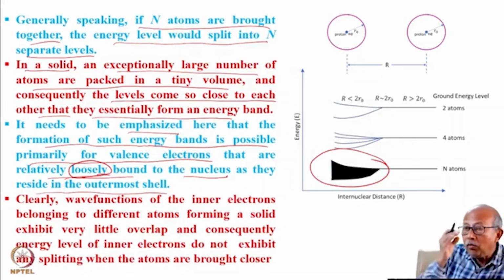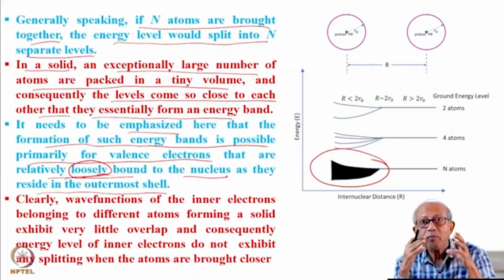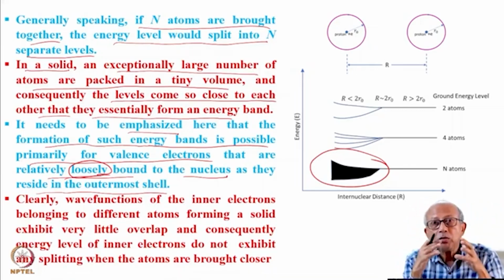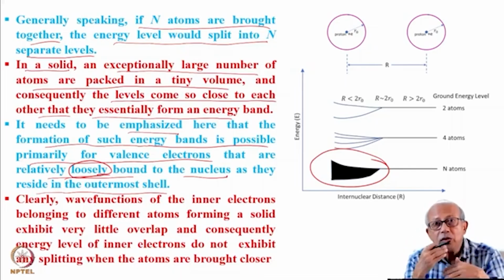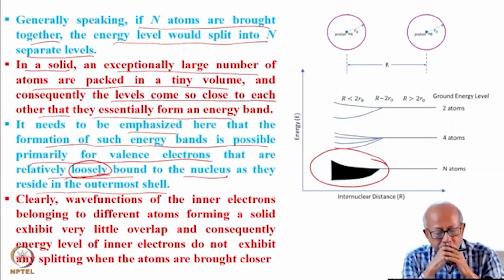They can rotate around all the nuclei which have been brought close to each other as the solid is formed, which is actually the packing of many atoms very close together in a tiny volume.